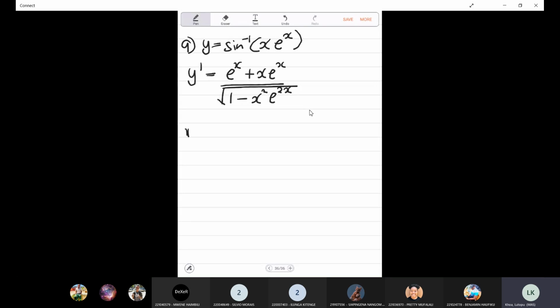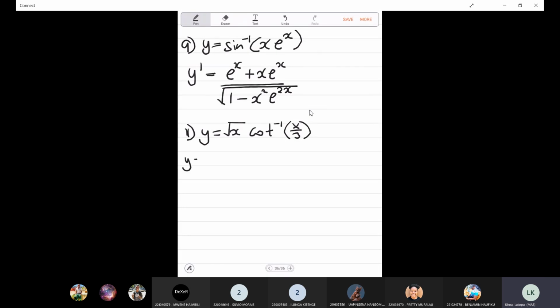Number 11. If y is the square root of x times cot inverse of x over 3. Here again we use the product rule.